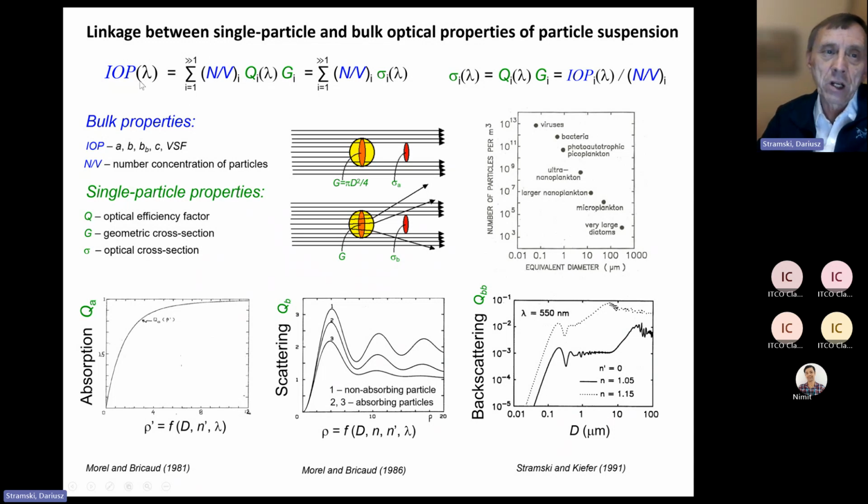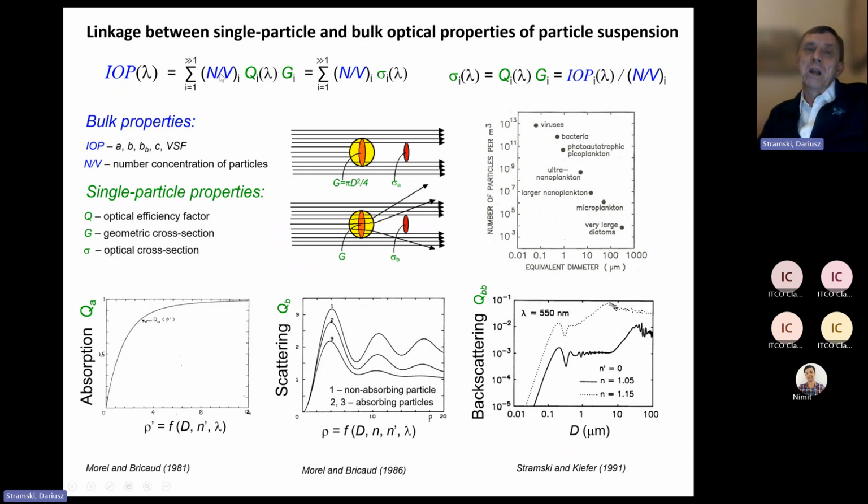So in order to understand any measurement of IOP, or in fact, IOPs affect AOPs, such as apparent optical properties, such as ocean color or ocean reflectance, we have to understand how all these different constituents, or types of particles indicated by i, contribute to the sum of these products.